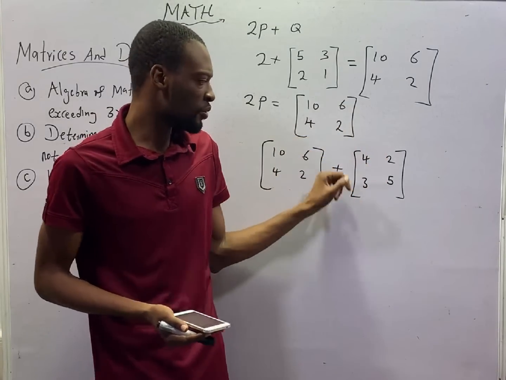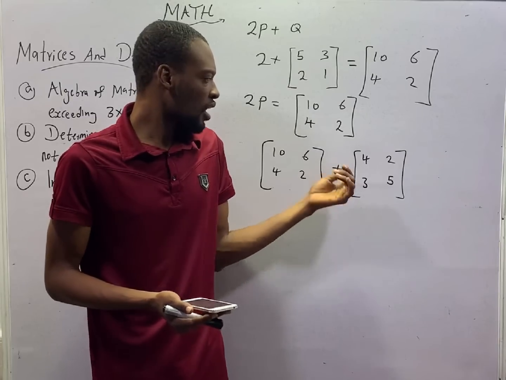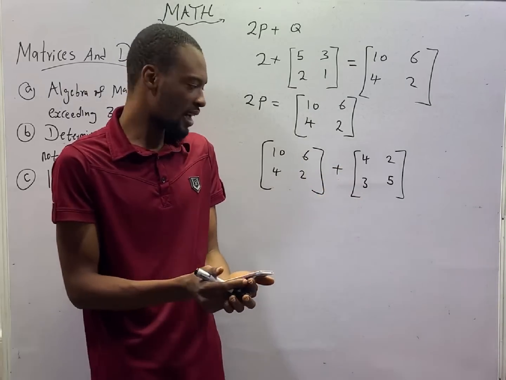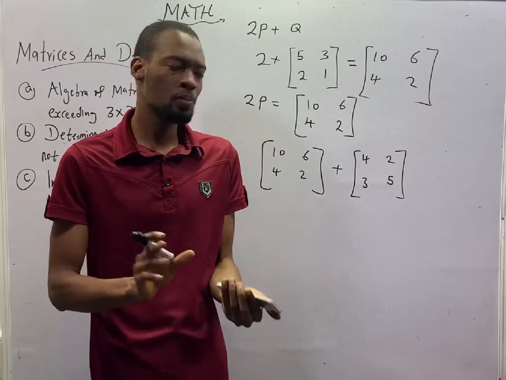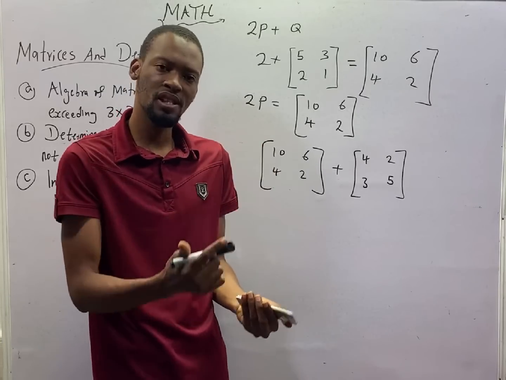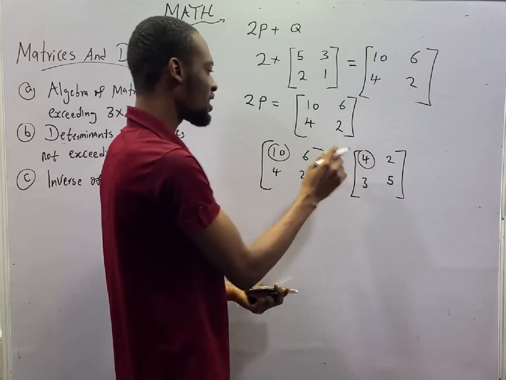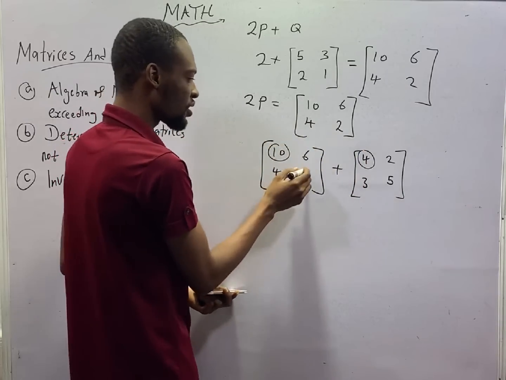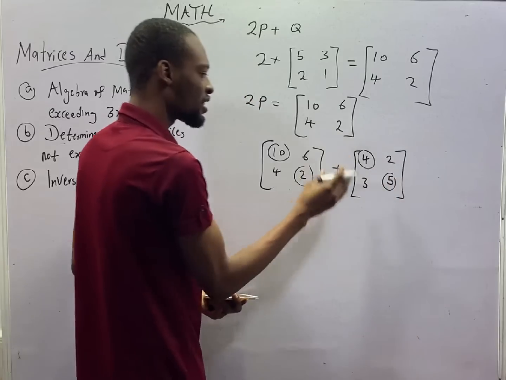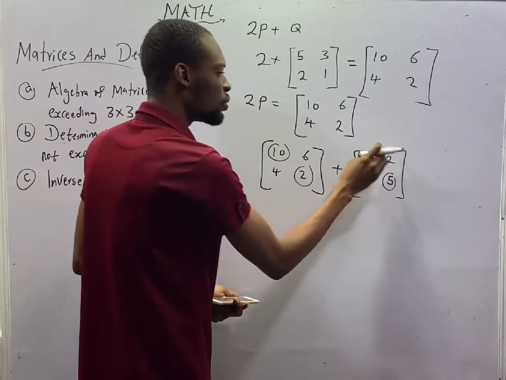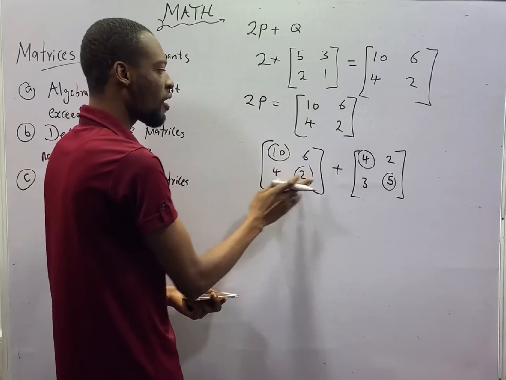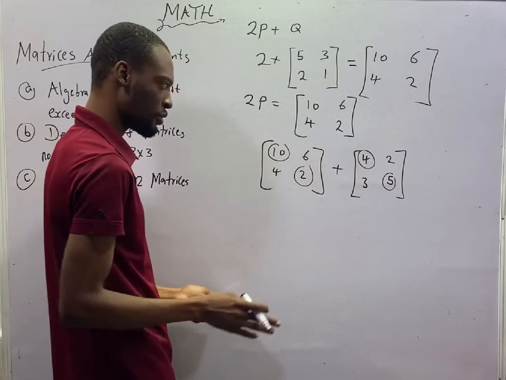Therefore, addition is possible. How do we add matrices? Like I said in the last episode, you add the corresponding elements. This guy and this guy, they are standing in similar position. 6 and 2, they are in similar position. 4 and 3, they are in similar position.